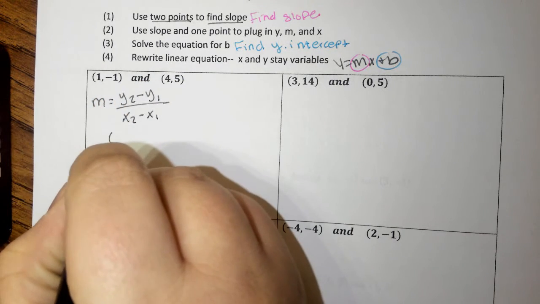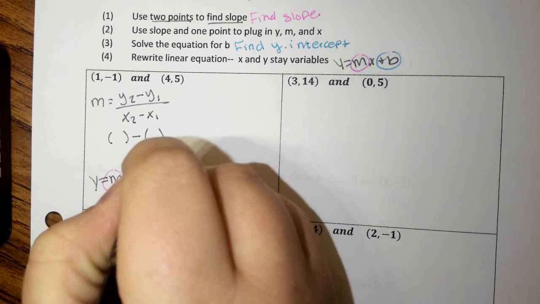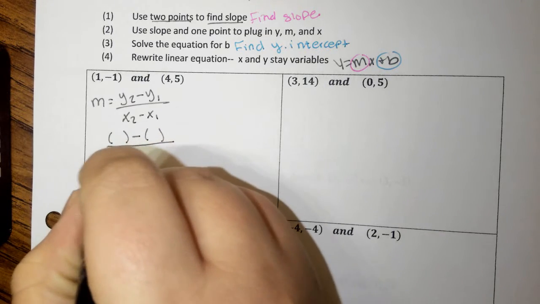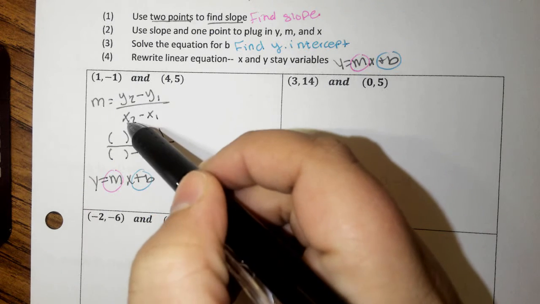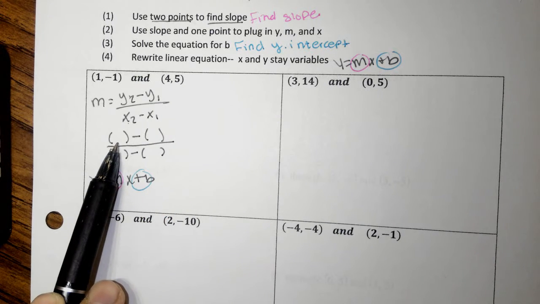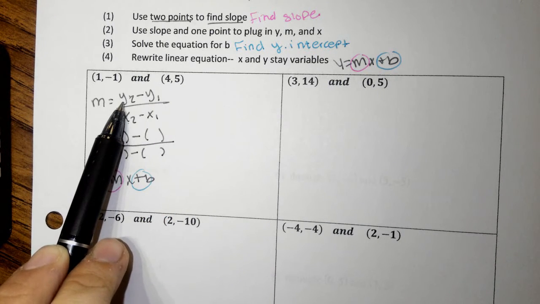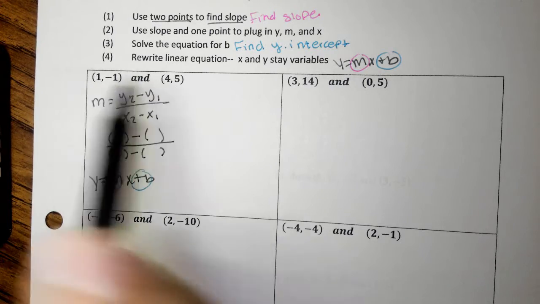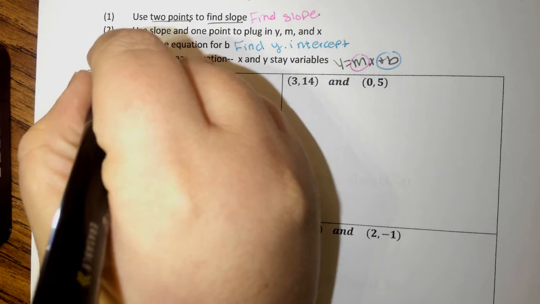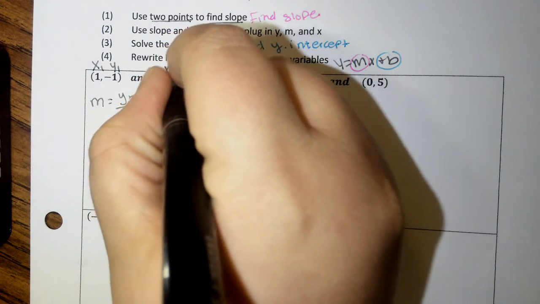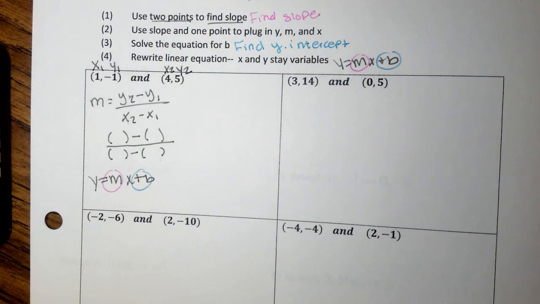You're going to rewrite that again using parentheses or bubbles in place of all of your variables. Now this bubble is in place of y2. I haven't labeled my ordered pairs yet, so let's go ahead and label those: x1, y1, x2, y2. So let's try that again.